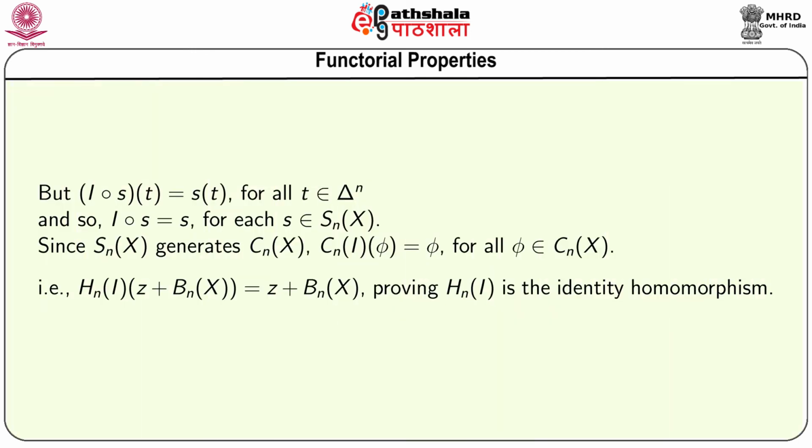But I composed s evaluated at t is equal to s(t) for all t belonging to delta n, and so I composed s is equal to s for every s belonging to Sn(x). Since Sn(x) generates Cn(x), Cn(I) on any member phi of Cn(x) is equal to phi, that is Hn(I)(z plus Bn(x)) is equal to z plus Bn(x), which shows that Hn(I) is the identity homomorphism.